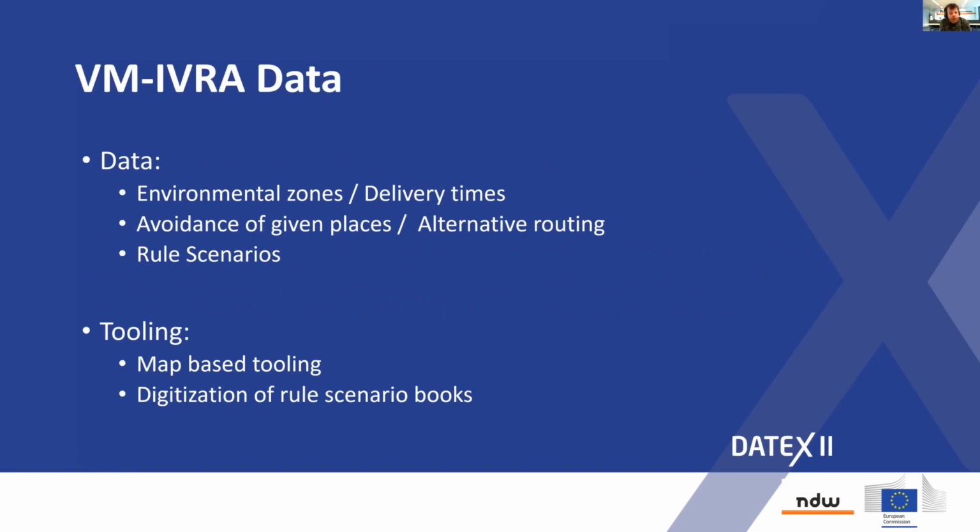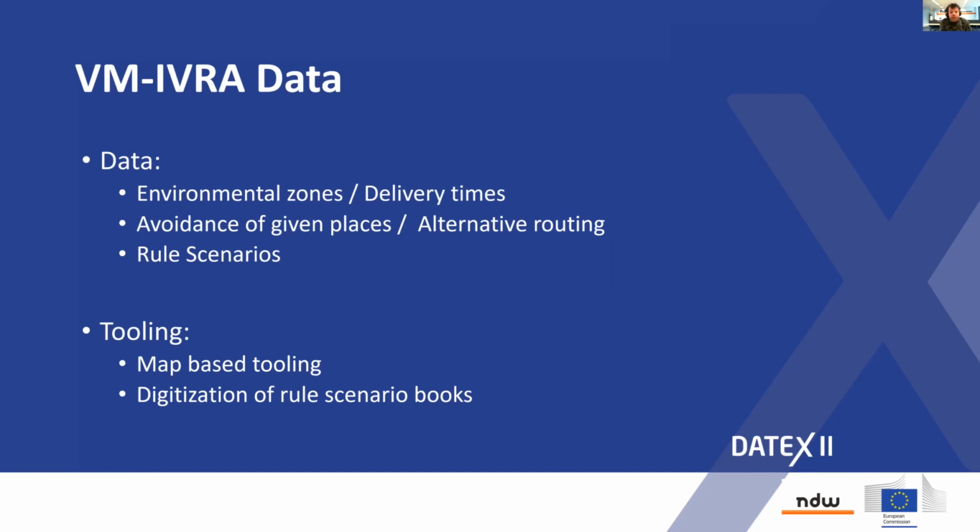There is some tooling now. There's map-based tooling in which any road operator can draw or say where there is a point which should be avoided. He can give all the alternative routing. He can give maximum speed limits, all those kinds of things, which are then put into a scenario when activated.